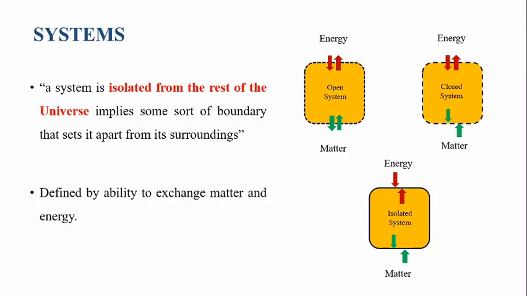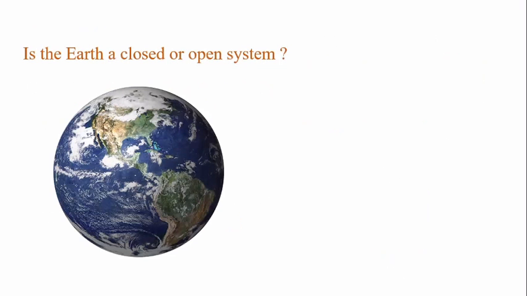So for example, you can have the pressure cooker. An open system is where both the energy and matter are exchanging. So for example, if you have a pot on the stove with open lid, it's a very good example for the open system. Okay, so among these three types, my question is, Earth is a closed or open system?